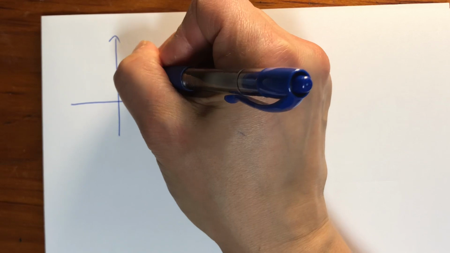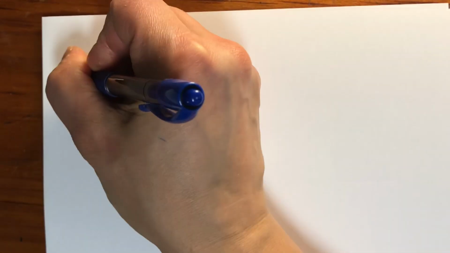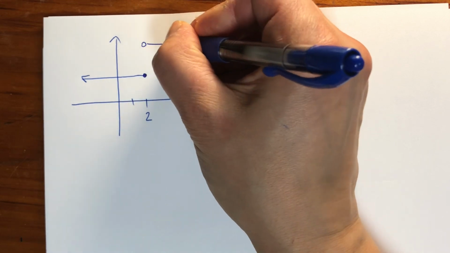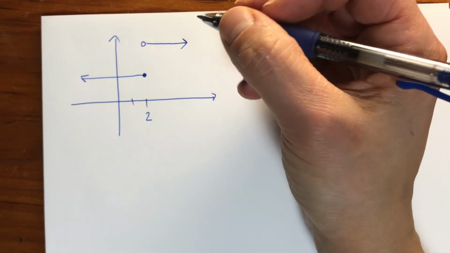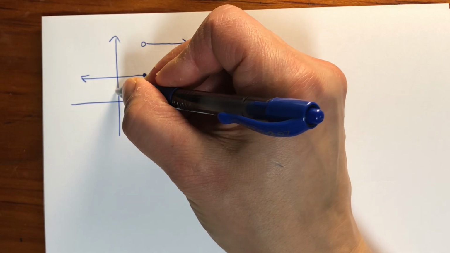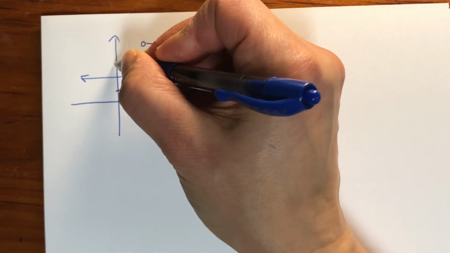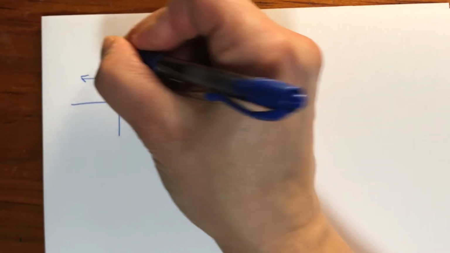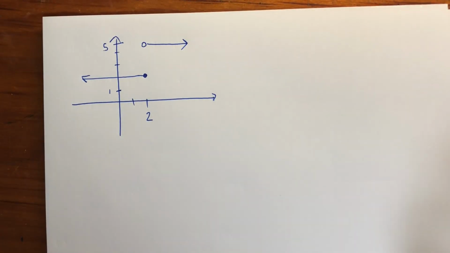I am going to say that this is one part of my function, and this is the other part of my function. We can introduce some numbers on the y-axis, 1, 2, 3, 4, 5. Why not? 1, 2, and then we can go from there.